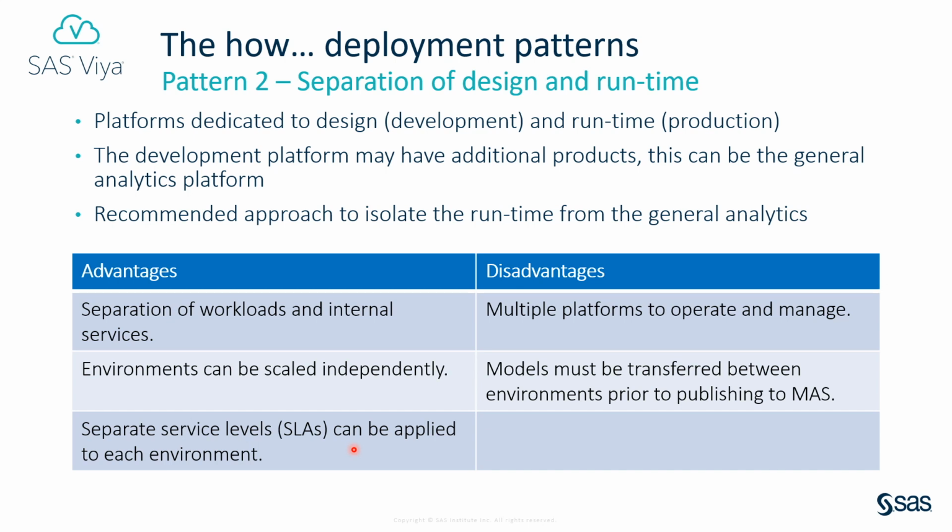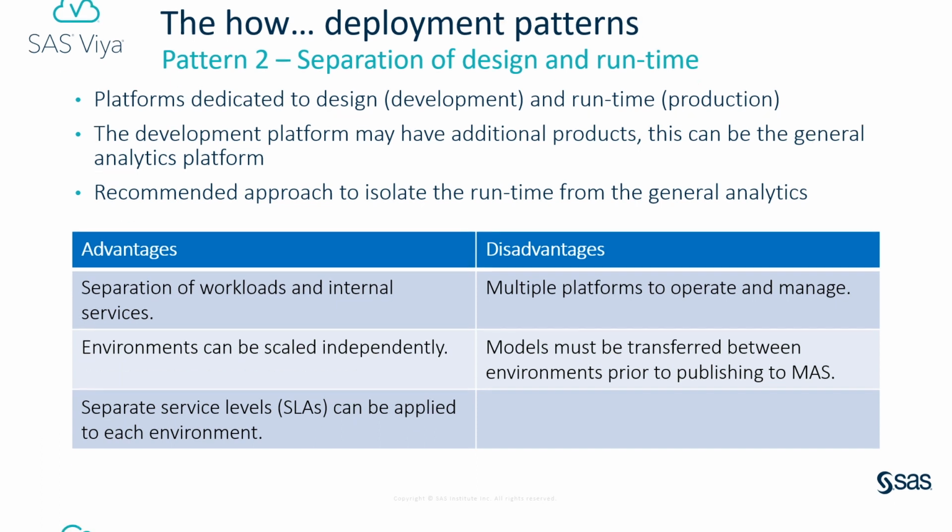Typically, the runtime environment would have the higher availability requirements. Some of the disadvantages: we have multiple platforms, so there is more work to operate and manage them. The models must also be transferred between environments prior to publishing to MAS. This could be just part of your change management process.